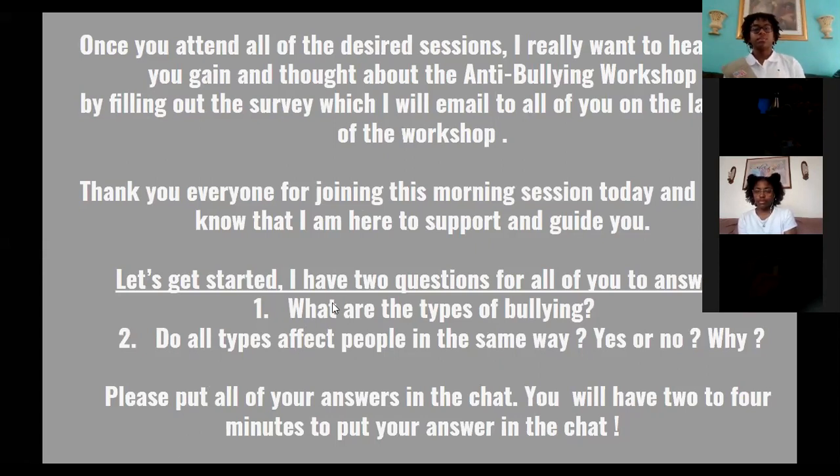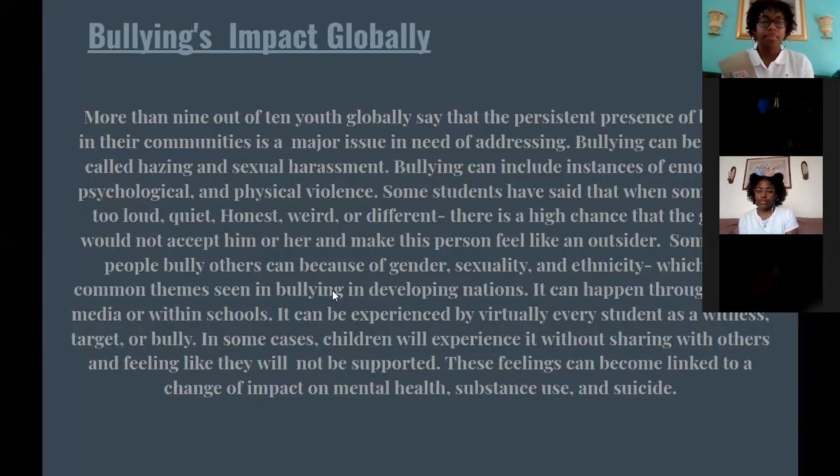Okay, so this is the bullying's impact. As you read that, I'm going to read this. I saw this quote that said bullying prevails amongst 11 to 15-year-olds in 145 countries. Bullying has really become a global challenge that is not really discussed, not really talked about, doesn't have rules that are implemented towards making it better.